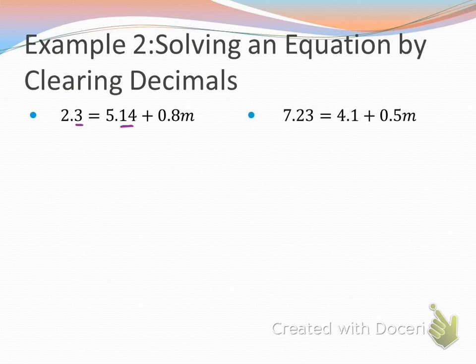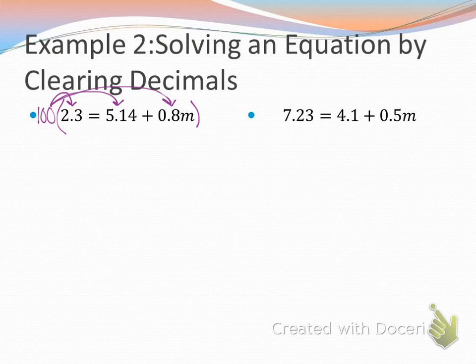What about my second number? To the hundredths. What about my third number? To the tenths. So whatever the farthest decimal place is, which would be the hundredths here, that's what I have to multiply the entire equation by, is 100. I have to multiply every term in this equation by 100.